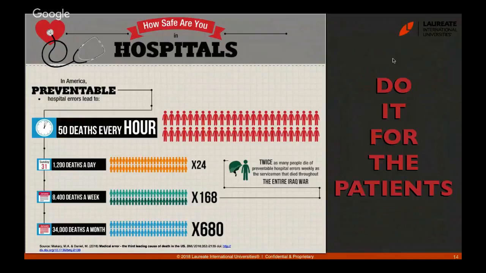I'm talking about 1,200 a day, 8,400 a week, and here we already have twice as many people dying of preventable hospital errors weekly as the servicemen that died throughout the entire Iraq war. It's very serious. And 35,000 deaths a month because health professionals are committing preventable mistakes every day, every hour, every minute.